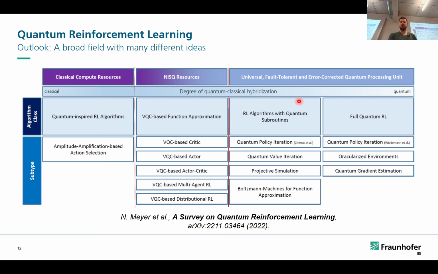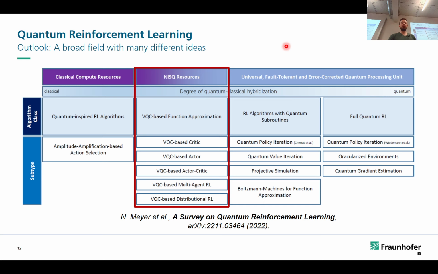And then on the right side, here we have a lot of algorithms that are interesting and probably also very relevant, but they also require these big fault-tolerant quantum computers, which we just don't have, and we don't know when they will be available. Probably will still take some decades for that. But here you really can get some provable advantages, for example, in sampling complexity. So those are very interesting, but just not really doable yet.